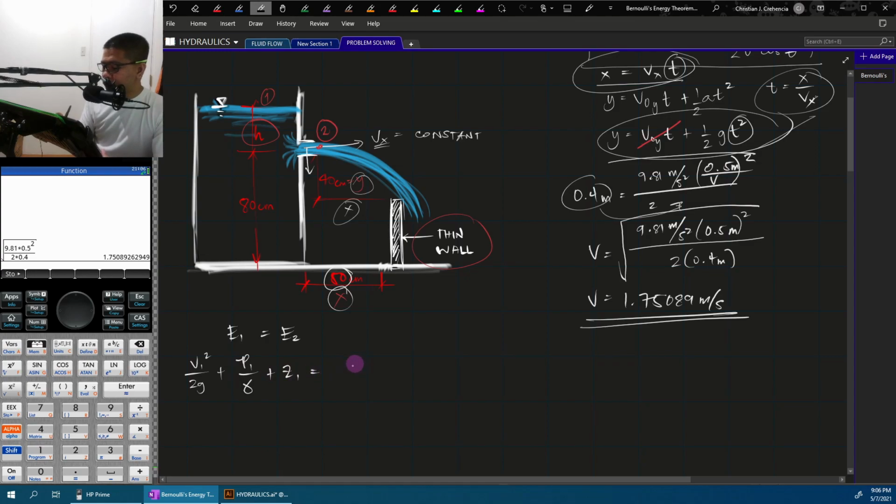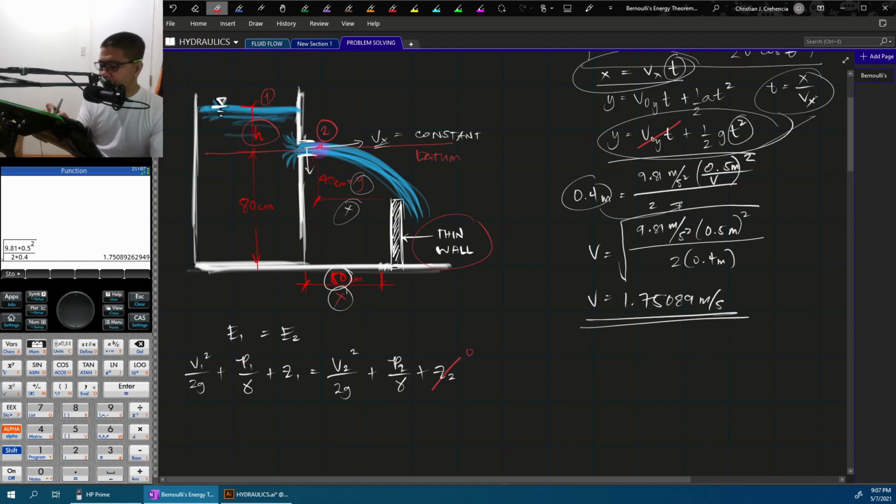Then, this should be equal to velocity 2 squared over 2g plus p2 over gamma plus z2. Okay. So, if we set point 2 as our datum, then z2 is 0. Okay?